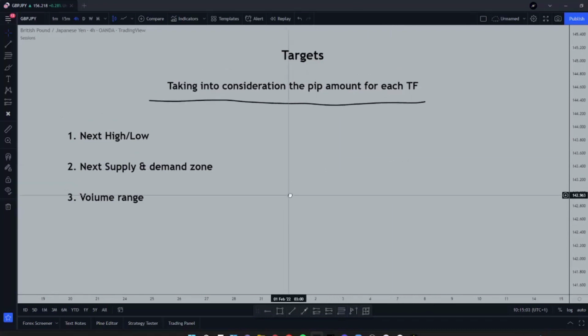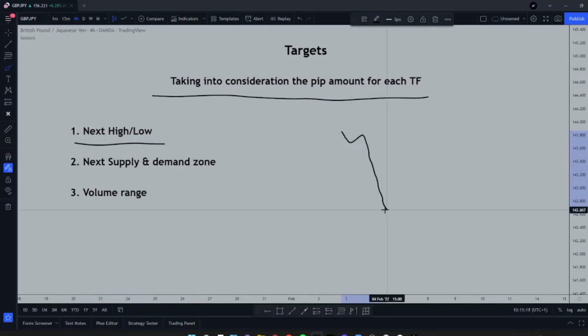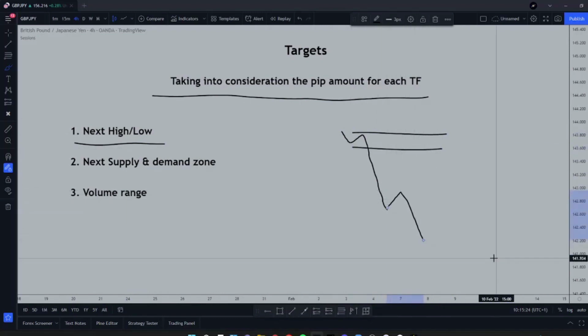Okay, then obviously you can combine this with three things, which is the next higher low, taking into consideration always the pip amount. So let's say we have a 15-minute zone, right? And price comes back to our zone. We enter right here on our smaller time frame.